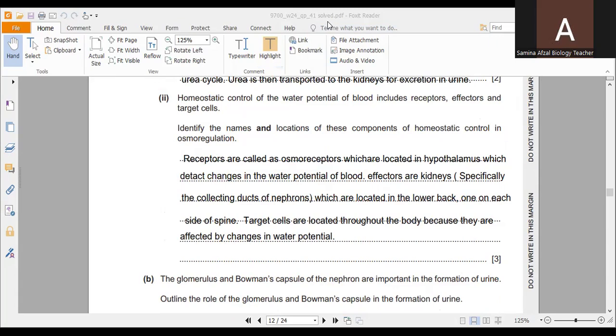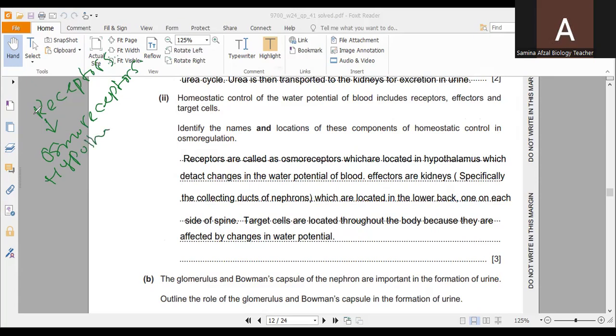First of all, I will go with the receptors. We can also call them osmoreceptors. They are located in the hypothalamus.